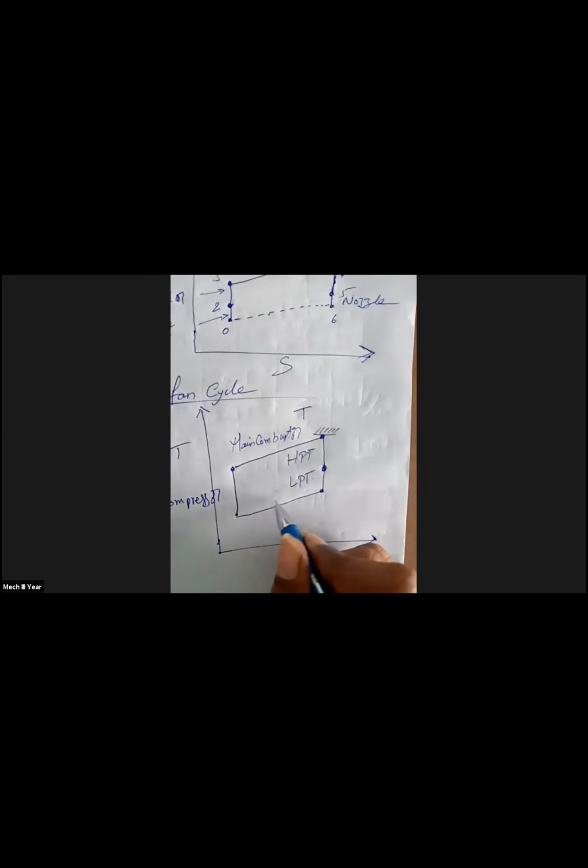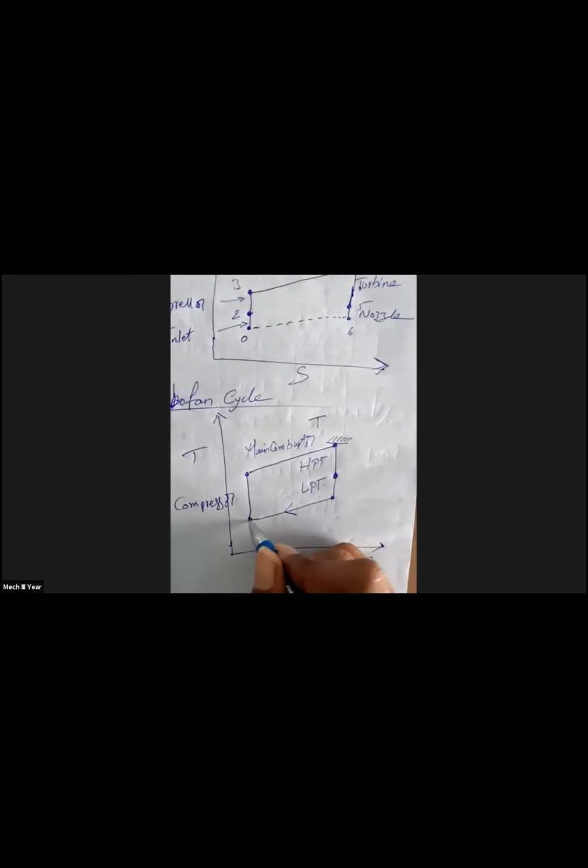So this is T. The T is nothing but turbine. Then here we see the high pressure turbine and then the low pressure turbine. So here also 2 turbines we are using, high pressure turbine and low pressure turbine. Then it will move like this. The starting point we take 0 and 3, 4, 5, 6, like that.